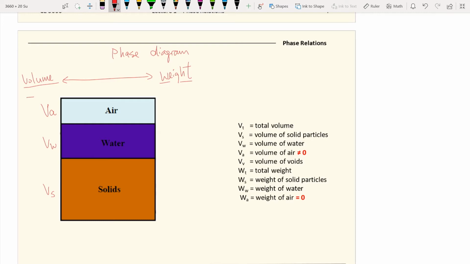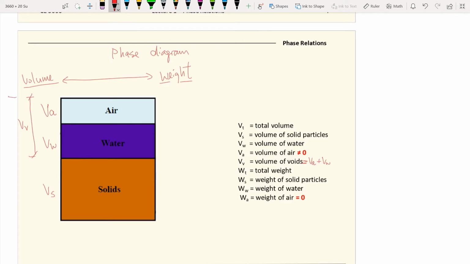And in the picture that we look at together, in between the solid particles, those are the void. And the void can be occupied by air or water. So that's why when the volume of air and water add up, you have the volume of void. So the volume of void is equal to the volume of air plus the volume of water.